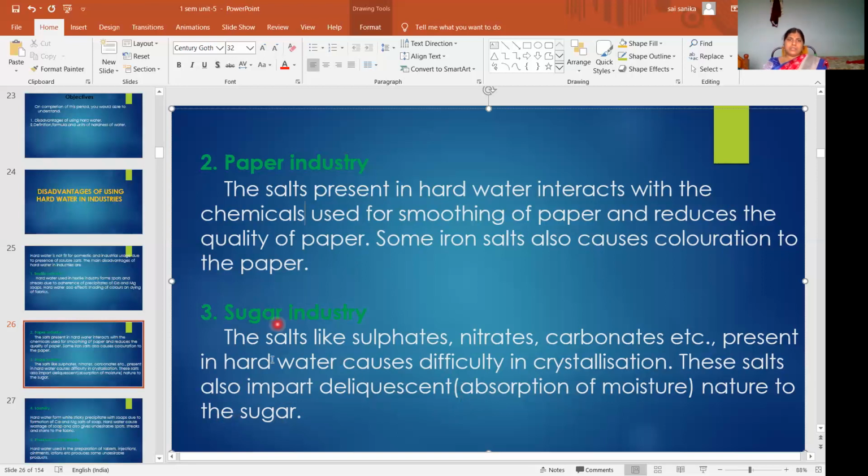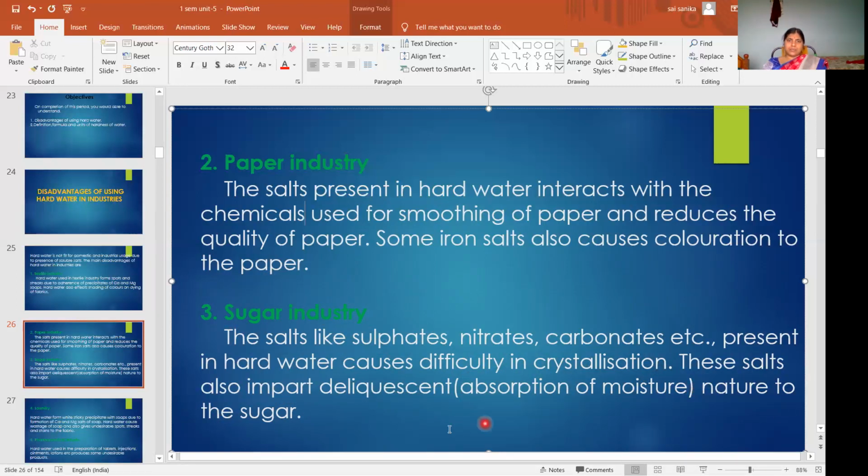So when these salts are present in water, they cause difficulty in crystallization. How will sugar be in crystal form? That crystallization will not be formed easily.